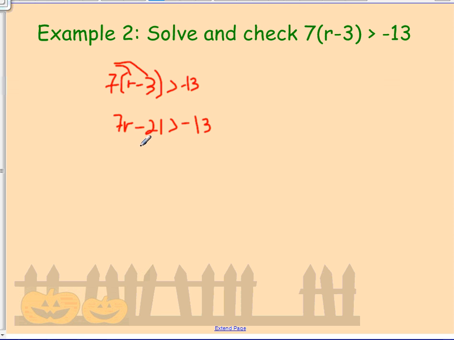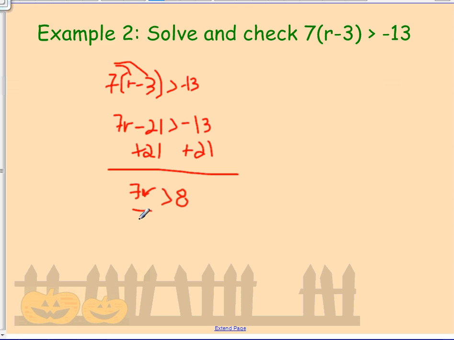And now I'm going to solve it like normal, so I'm going to add 21 to both sides. So I'm going to have 7r is greater than, and negative 13 plus 21 is 8.